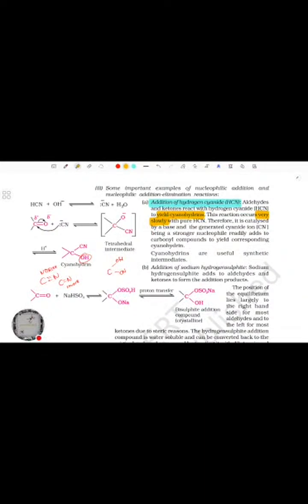the carbonyl carbon. So basically we are using a base so that it deprotonates HCN, and then I obtain cyanide, which is going to be a nucleophile over here. Then this nucleophile is going to add readily to the carbonyl compound to yield the corresponding cyanohydrin.